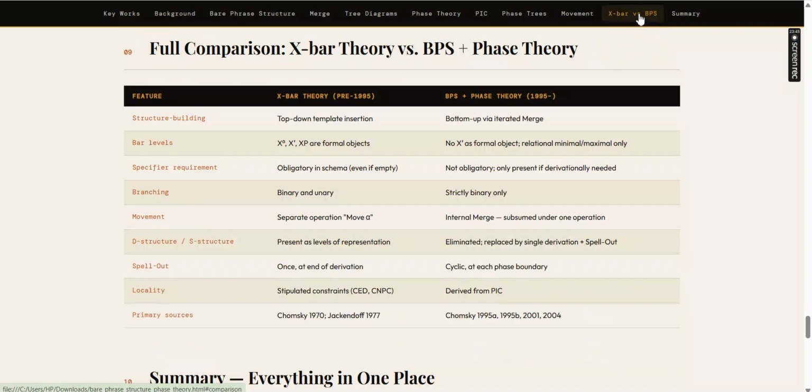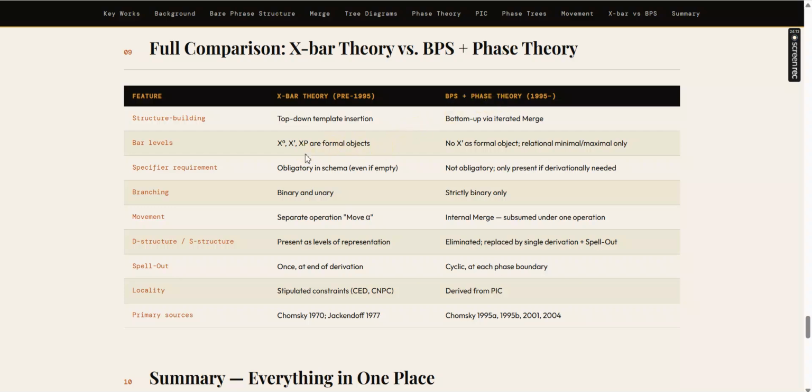Then moving onward to X-bar theory versus BPS plus phase theory. This is the difference between both of them for general understanding. Top-down template in X-bar, bottom-up template in BPS.